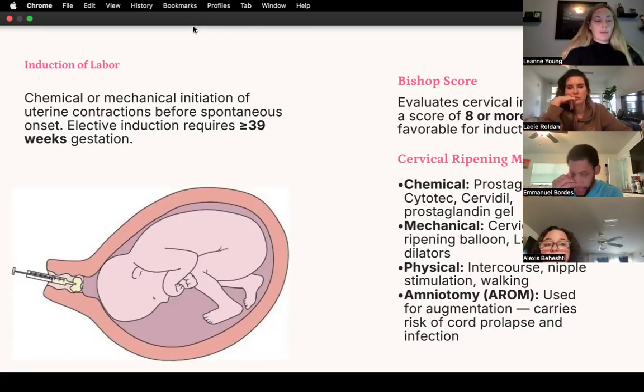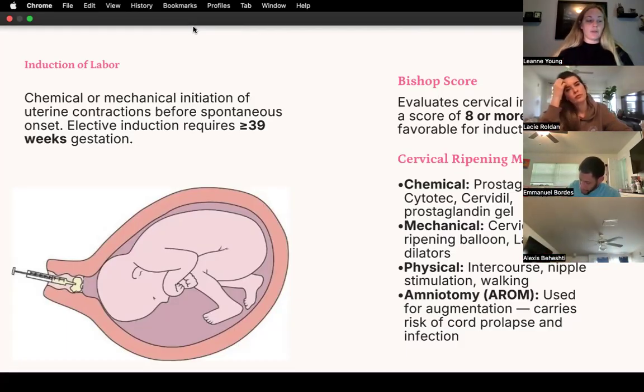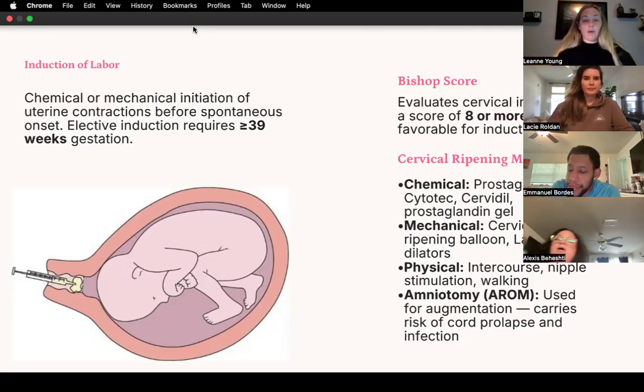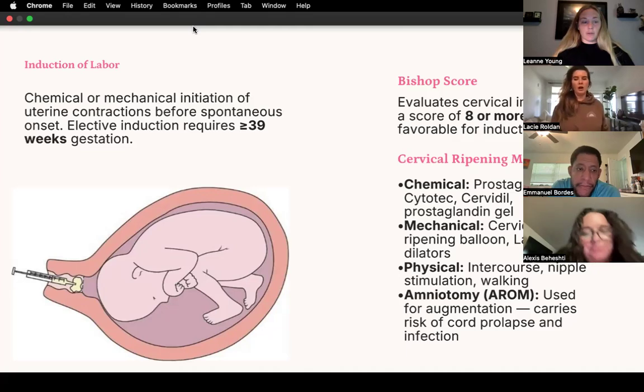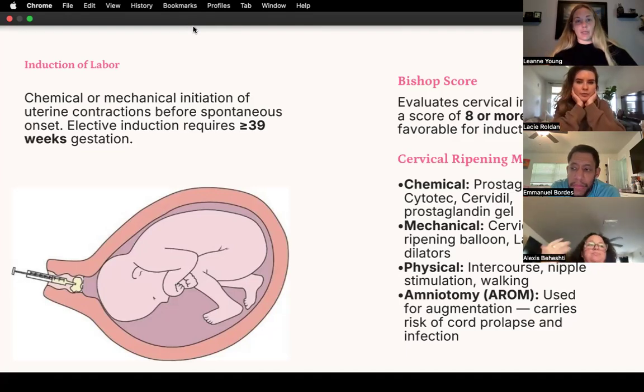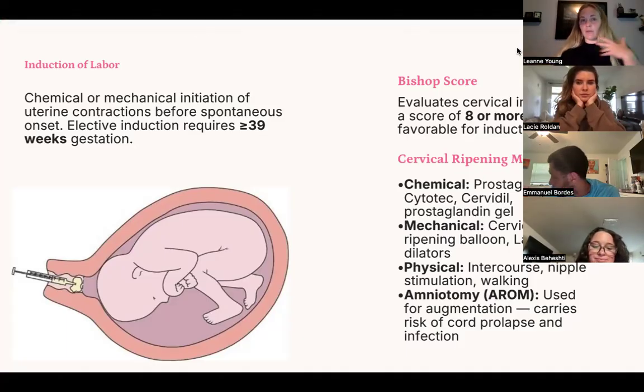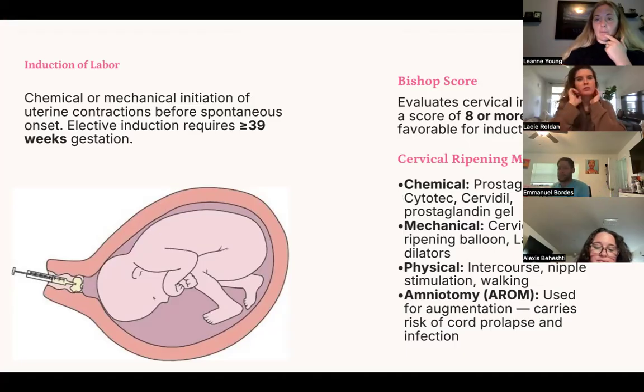So it's looking at the baby's position, the position of the cervix. Is the cervix posterior, middle, or anterior? If the cervix is anterior, it's at the front. That's going to give them a higher score. Is the cervix soft? How effaced is the patient? What is their dilation, and how low is the baby's head? That's the kind of stuff we're feeling. So it's basically from a cervical exam that we're going to get our Bishop score.